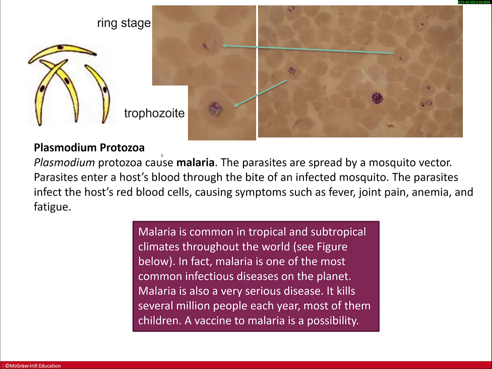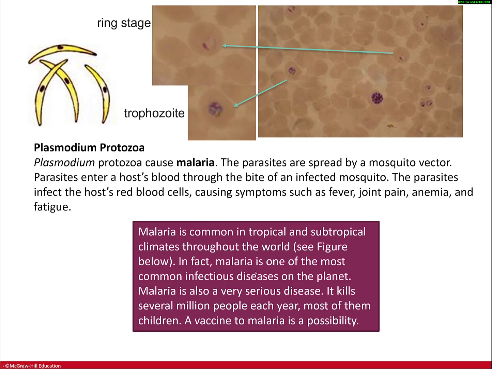Plasmodium vivax, or trophozoite, is the pretty common form. If you look, you can see these in blood smears, spread by the mosquito vector, and they can cause fever, joint pain, anemia, and fatigue. Malaria is a common tropical and subtropical climate type of disease.